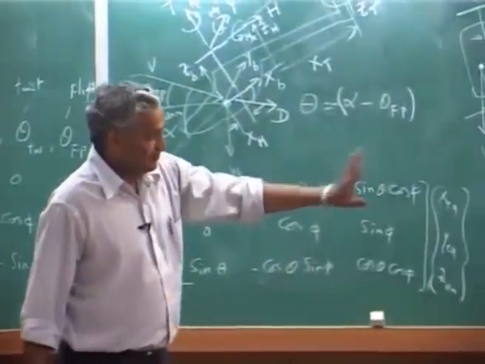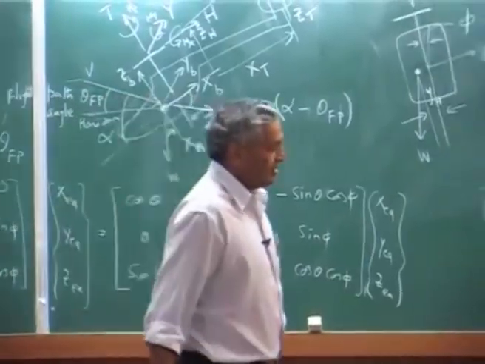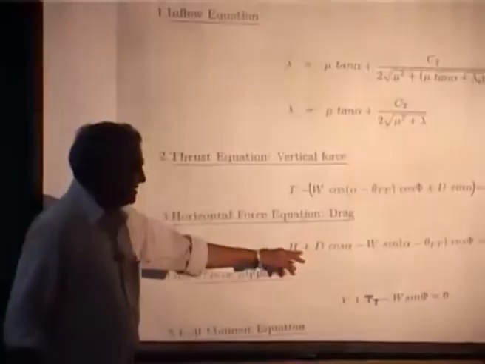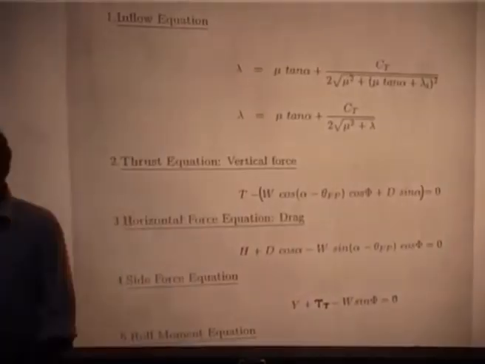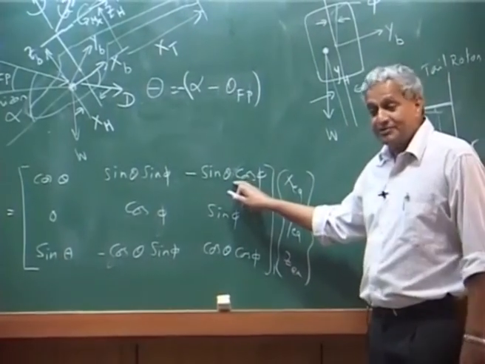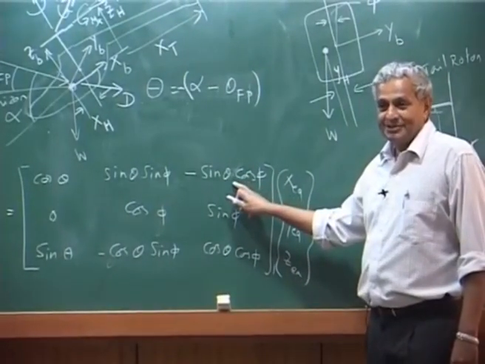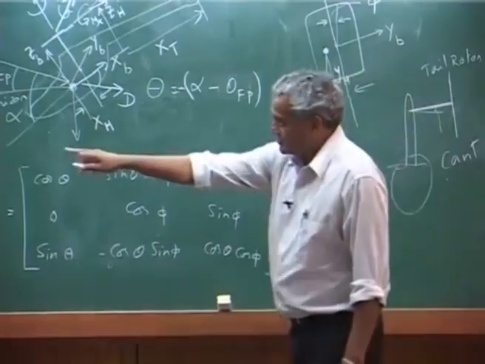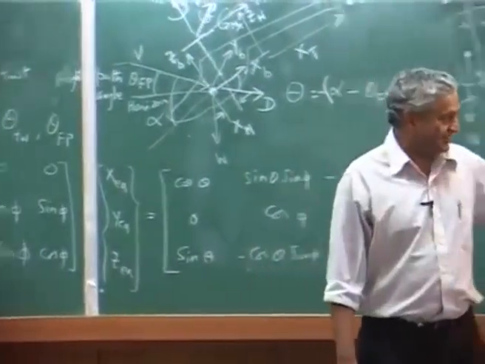Now, the horizontal force: you have again the hub load, the drag, and the component of the weight, because the component of the weight multiplied with this will give a horizontal force in the body system. So, you use that term.